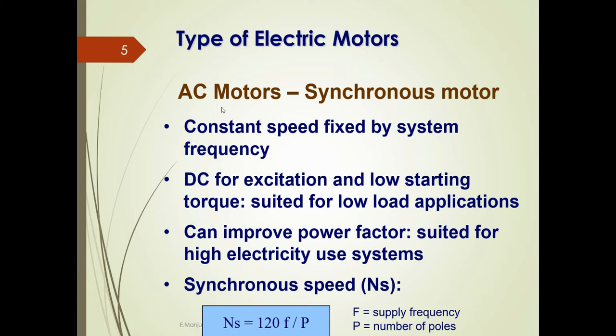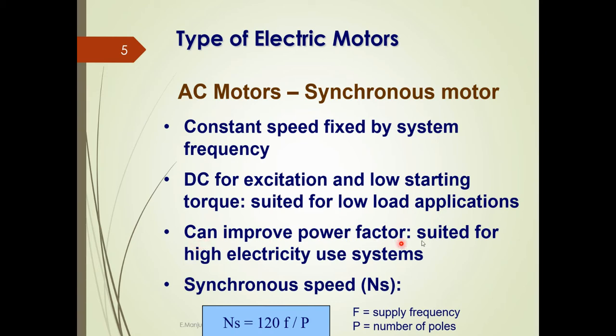So here the synchronous motor runs at a constant fixed speed set by the system frequency. It rotates at synchronous speed, at a constant speed, and it needs a DC supply for excitation and has low starting torque, suited for low load applications.